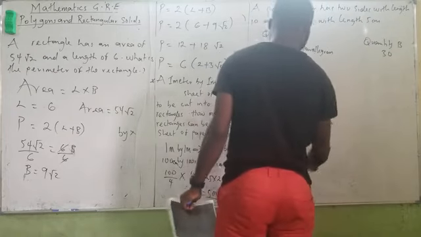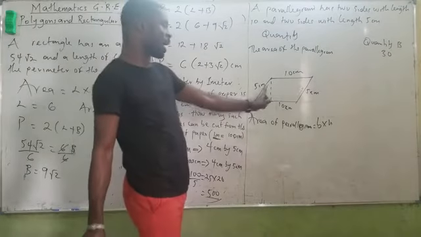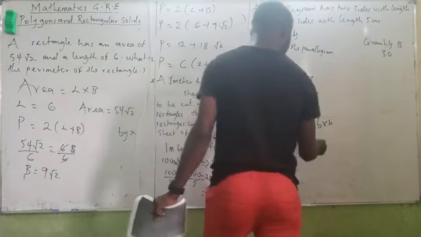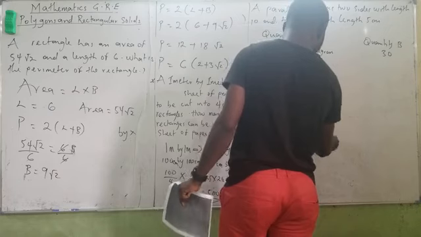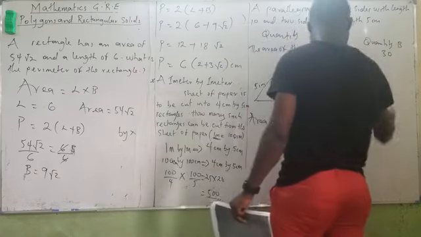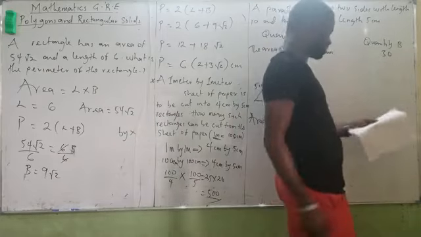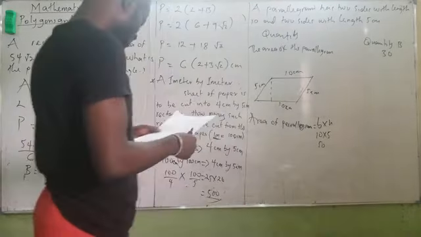But this time around, there's nothing you can do to generate your height. It means I'll be having, what is my breadth? It will be 10 times 5, which is going to be 50. And 30, it means the area of the parallelogram is greater than 30. That is what the question is saying.